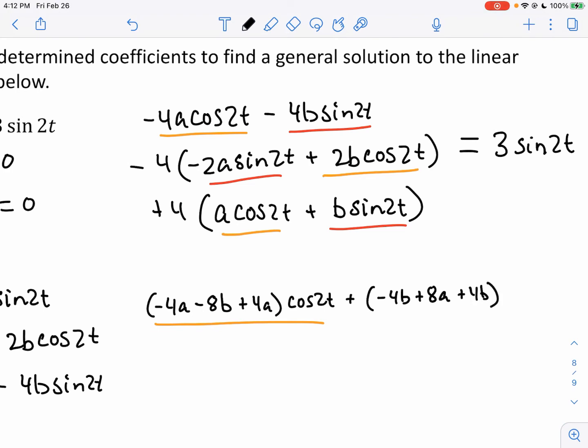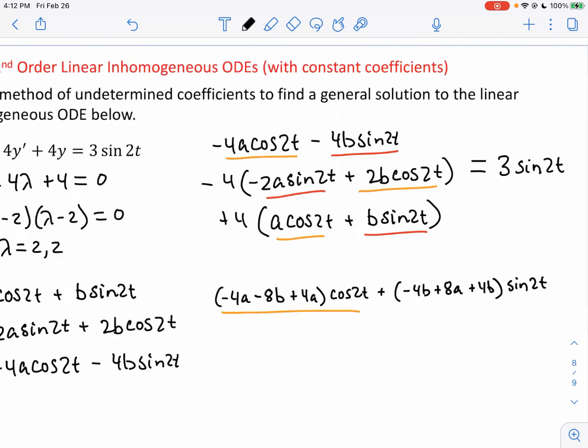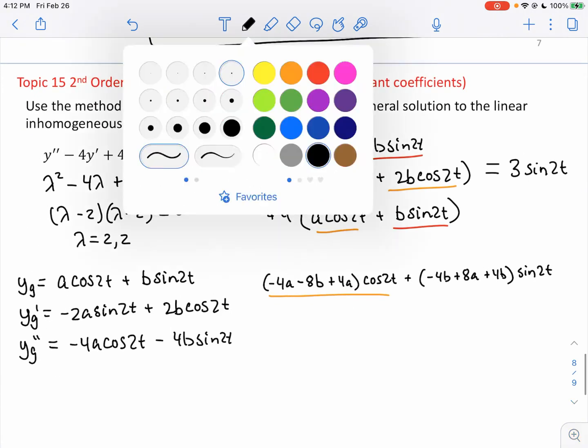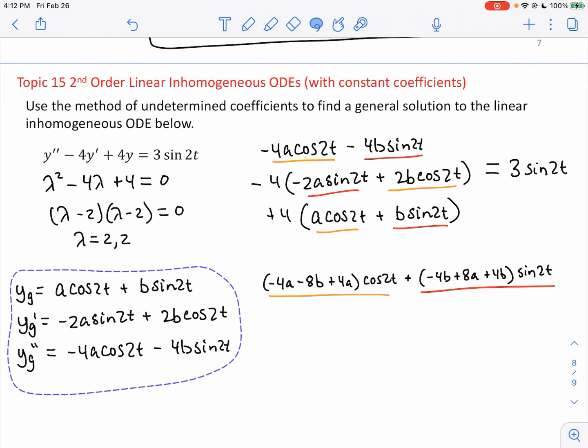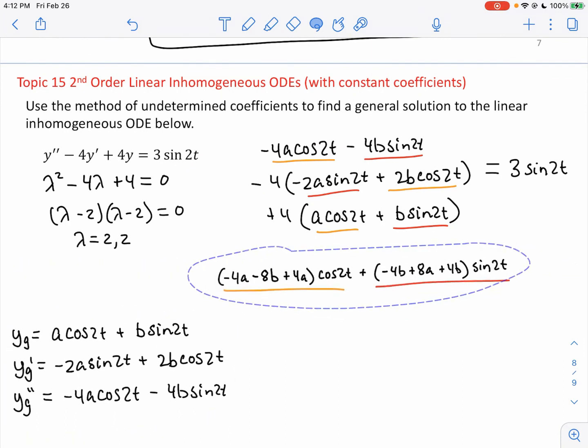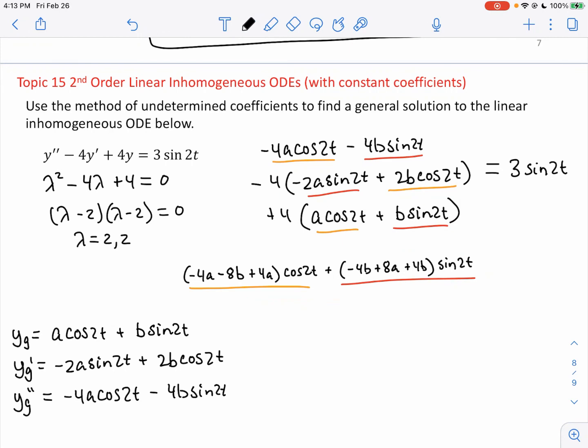And these are all with the sine 2t. And that's all the reds gathered. And all of that has to be equal to 3 sine 2t.